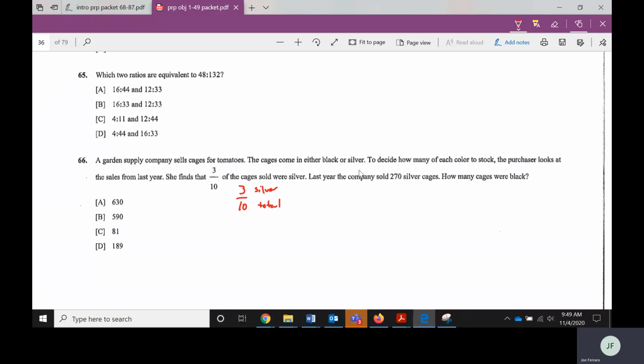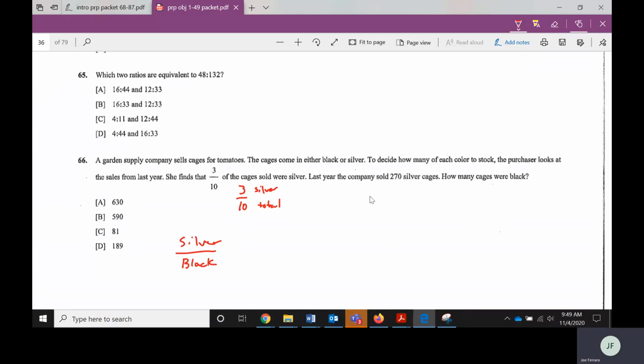So now let's, just like the other problems, figure out what's the unknown pair. They're looking for how many black when we sell 270 silver. So the unknown pair is silver and black, because it's saying if we have 270 silver, how many are black?